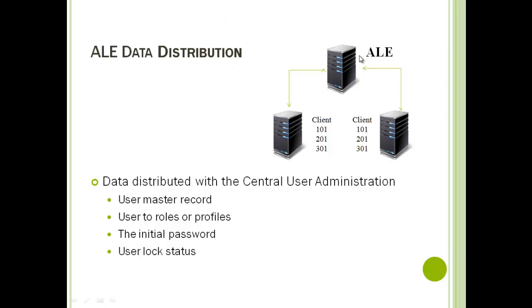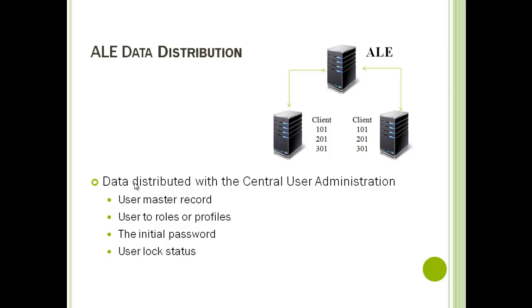From the central system to the child system we can use ALE. Central means your parent system where you have the master data, and the child system means all the SAP systems and the clients which are connected to the central system.